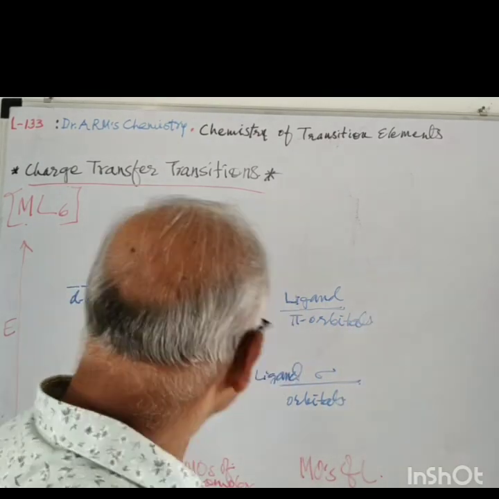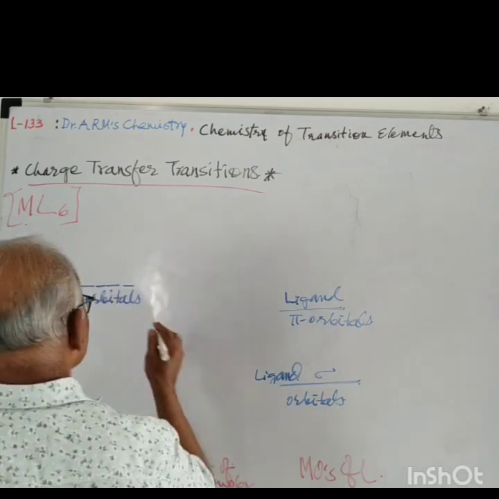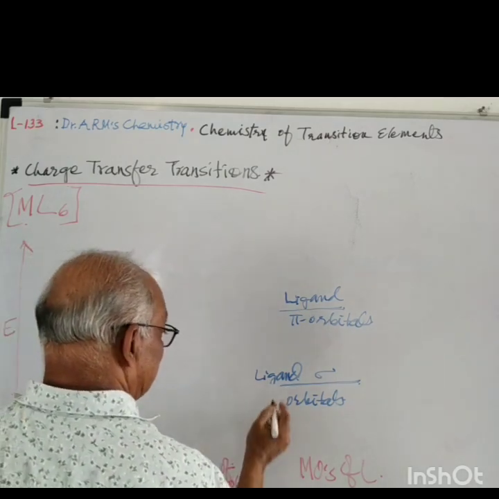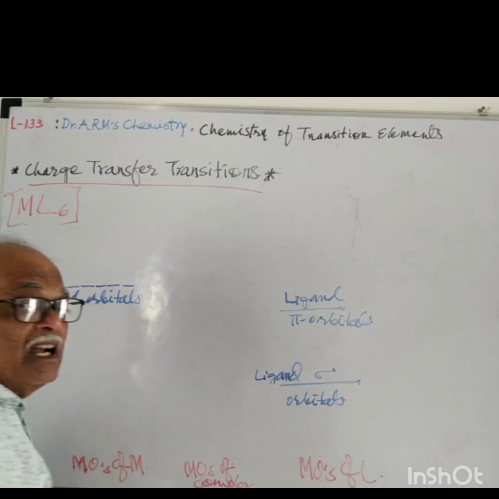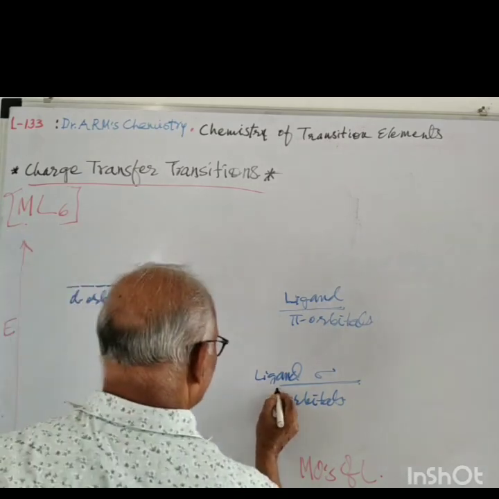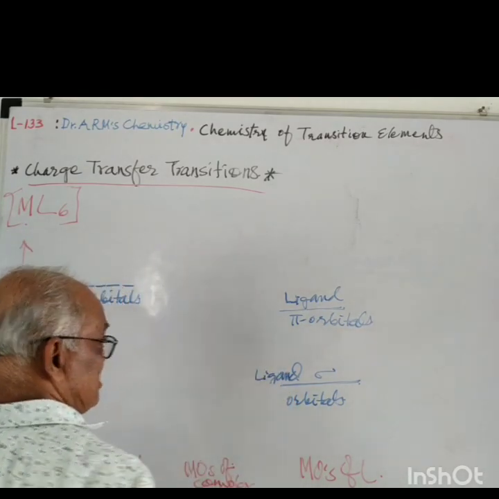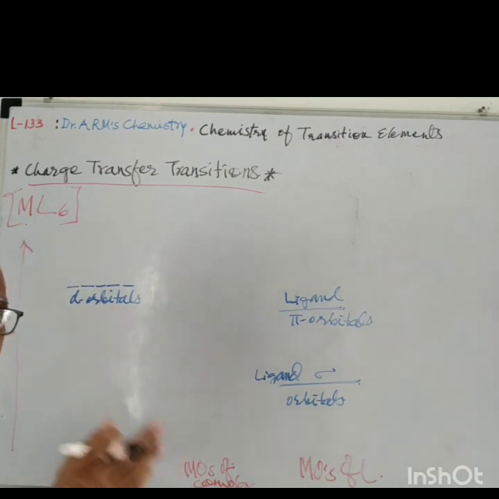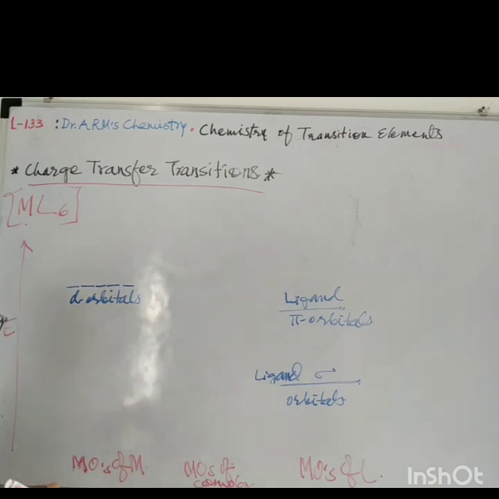Now the orbitals of the ligand are lying at lower energy, meaning during linear combination between the orbitals of the metal ion and ligands, the bonding molecular orbitals are mostly that of ligands, and the antibonding molecular orbitals are produced, which are mainly the metal orbitals.